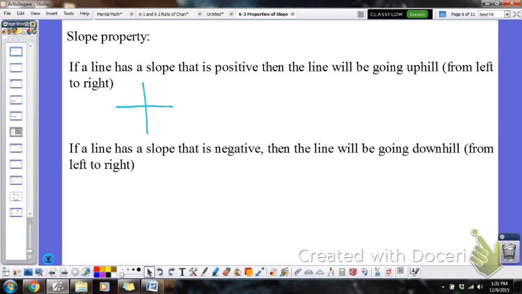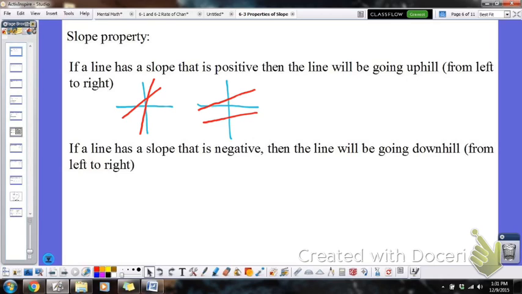It'll have an uphill slant to it. And another example is something that looks like this. This one doesn't have nearly as steep of an uphill slant, but is still going uphill. In fact, something that looks like this is still going uphill. A line that looks like this, a really, really steep line, is going uphill. So all these lines are going uphill, so they have positive slopes.